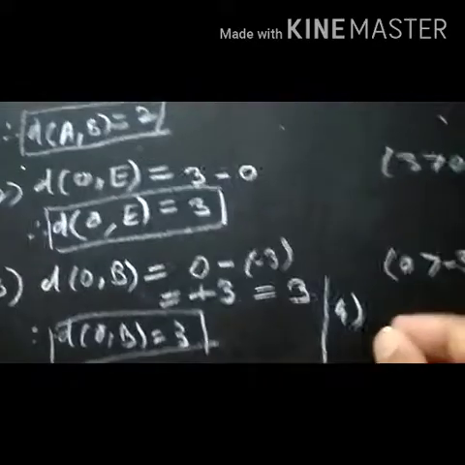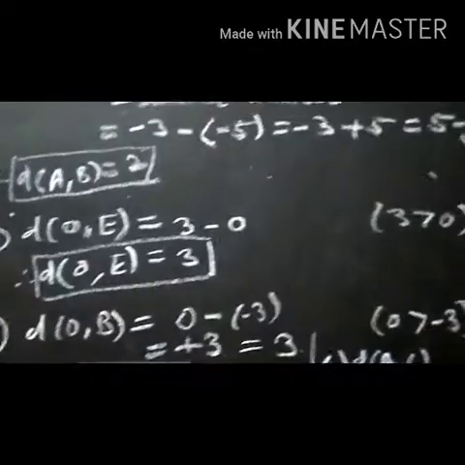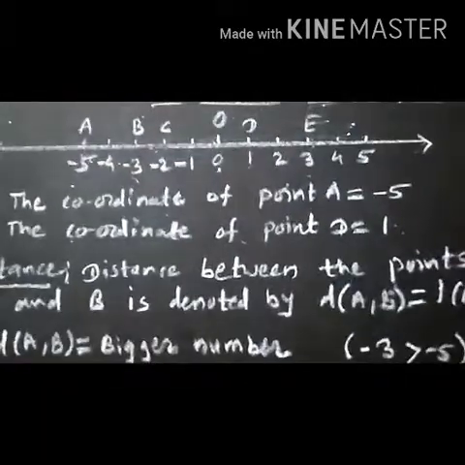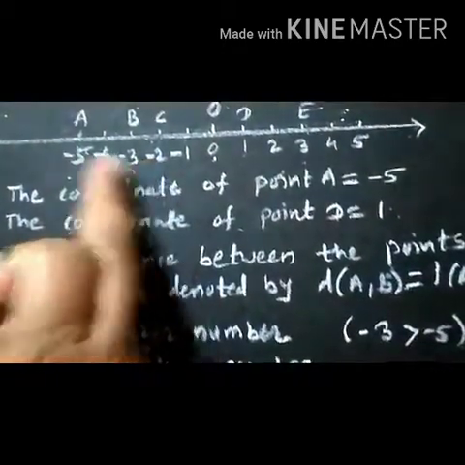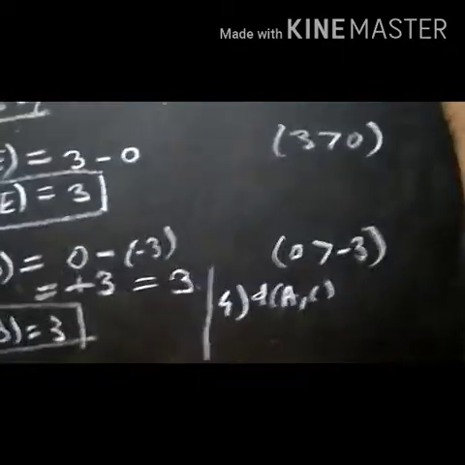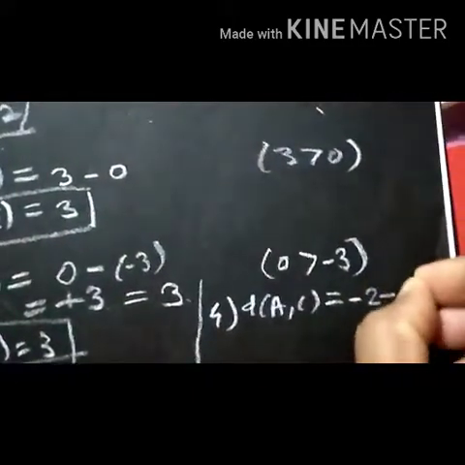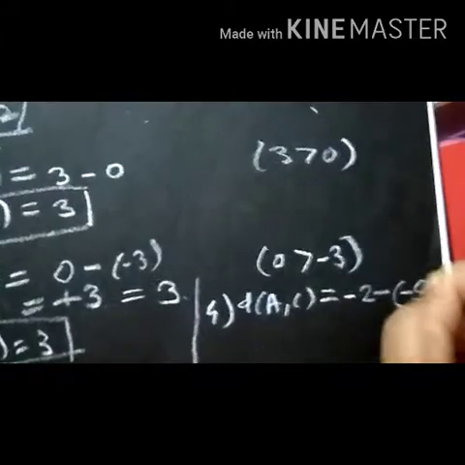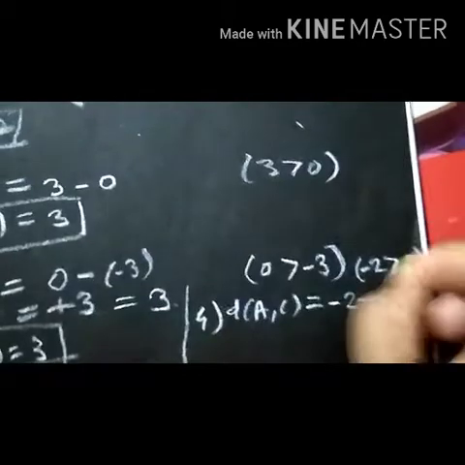Next, number 4. We have to find the distance between AC. Now see, the coordinate of point A is minus 5, and the coordinate of C is minus 2. Numbers are increasing from left to right, therefore minus 2 is bigger than minus 5. So bigger number minus 2, minus smaller number minus 5. Here minus 2 is bigger than minus 5.